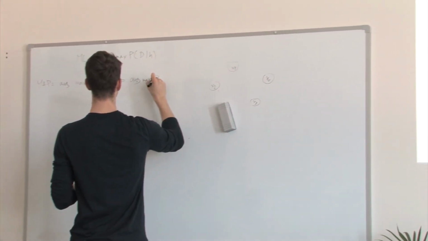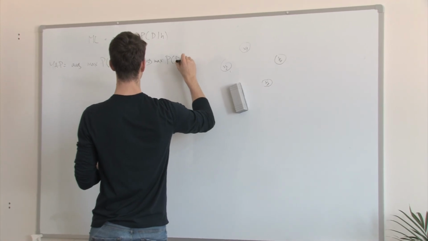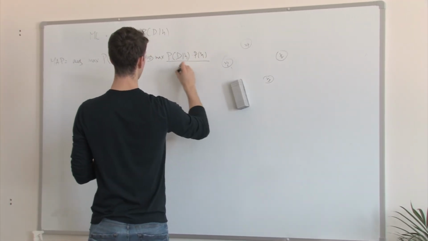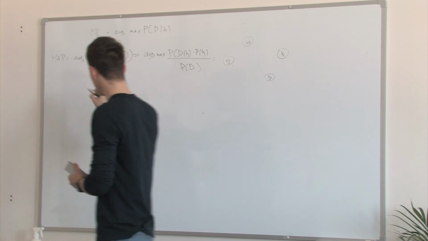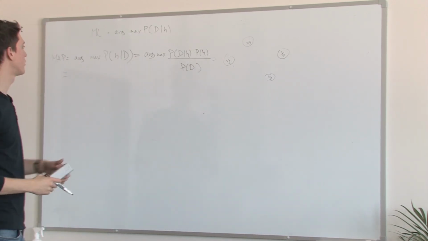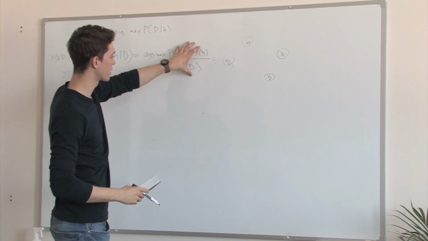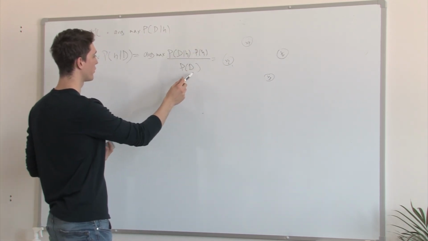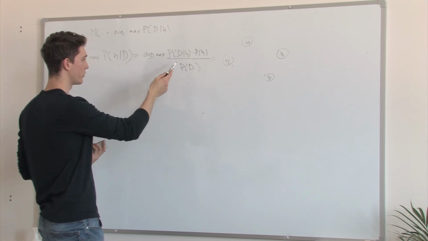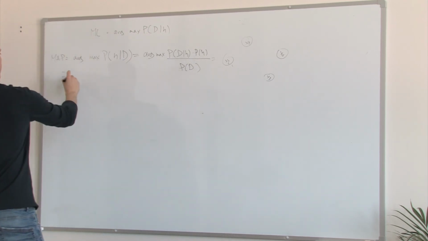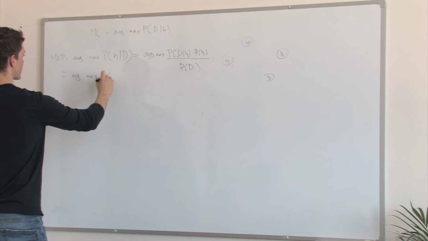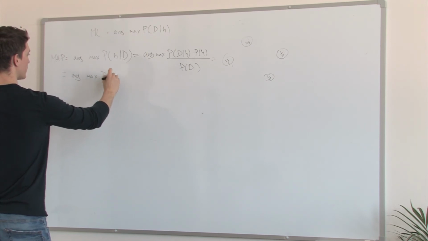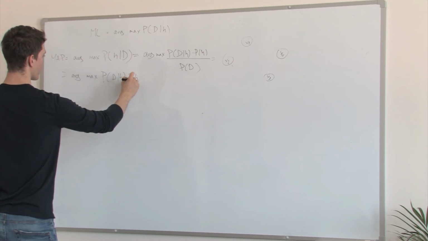So you can write this as follows. Because you're trying to find the argument that maximizes this function, and this part of the fraction is equal for each hypothesis, you can just omit it and write the argument of the maximum of the probability of the data given the hypothesis times the probability of the hypothesis.